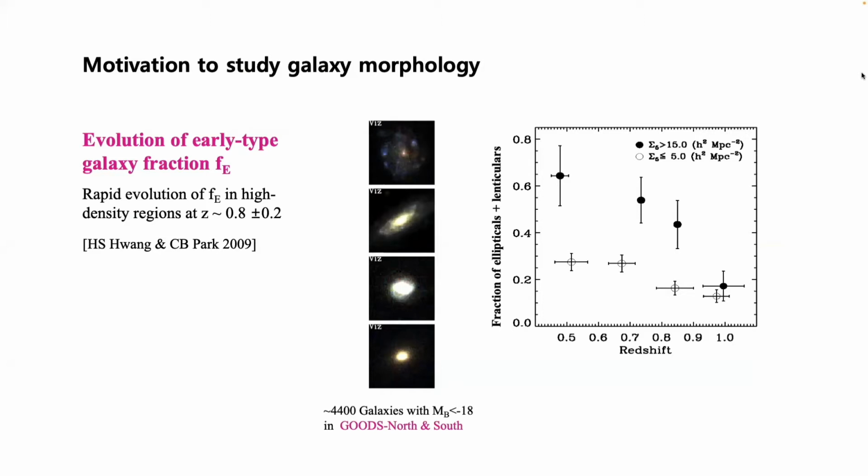We made the visual classification of galaxies in the GUS survey and studied the fraction of early type galaxies as a function of redshift, and found that the fraction of early type galaxies in high density regions and in low density regions converges at redshift 1 at about 15%.